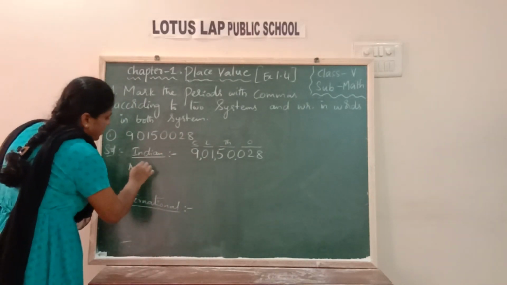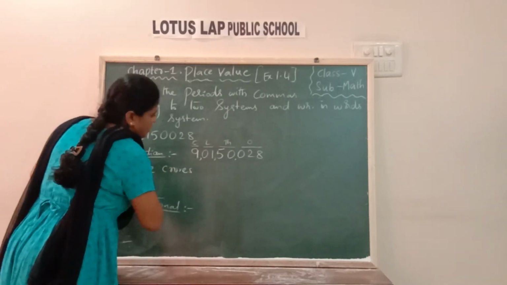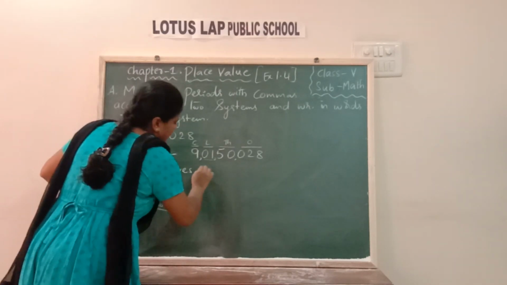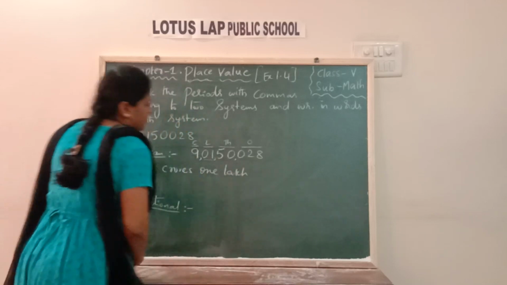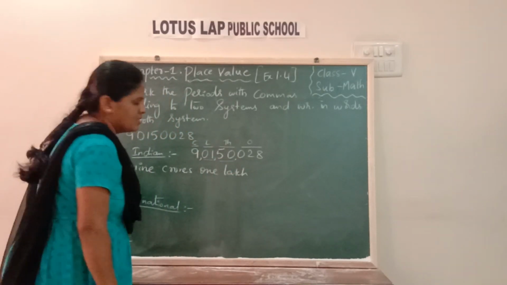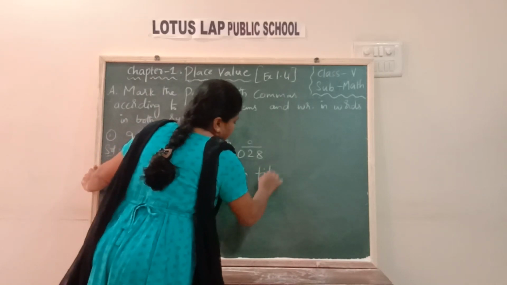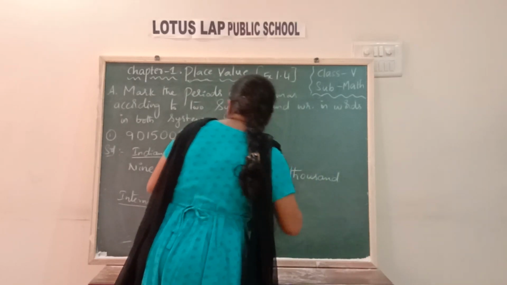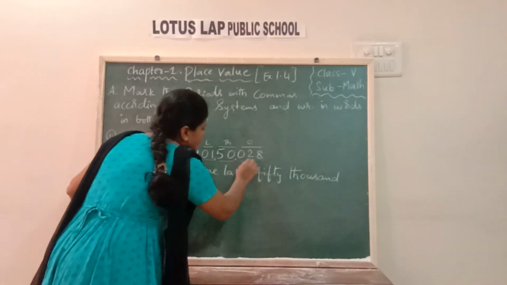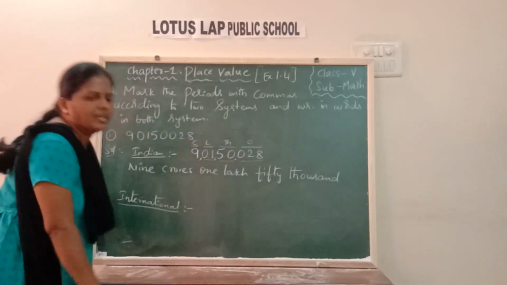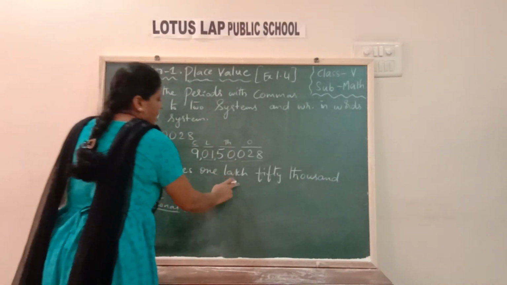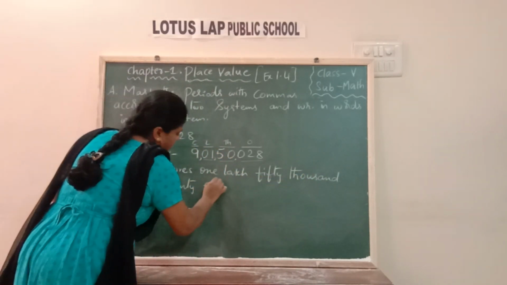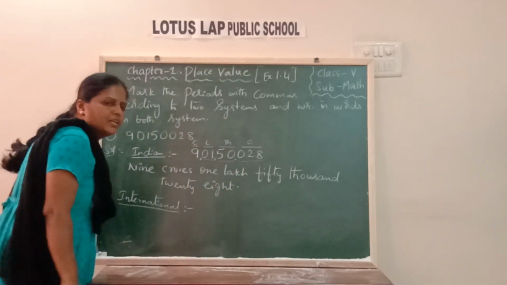Next, these 2 digits you read: 0, 1 is read as 1. 1 lakh. 9 crores, 1 lakh. 5 and 0 in the thousands period, 50,000. 9 crores, 1,50,000 and then the last period 028, which is read as 28. That's it, children, in the Indian system.